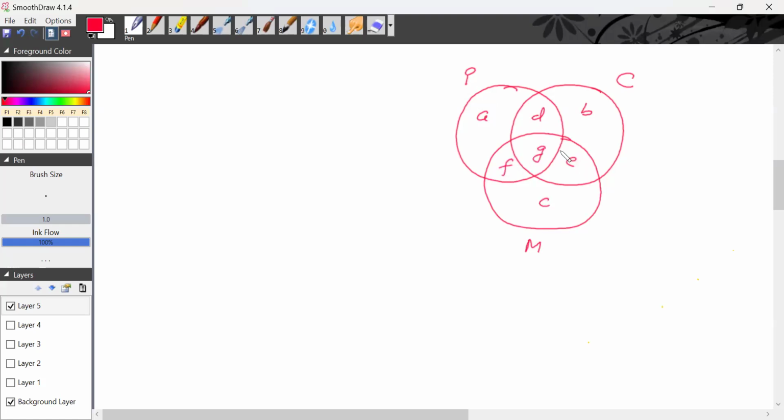Now I am devising a certain technique. I'll be calling this Roman number 1, which signifies the number of students who like at least one subject.